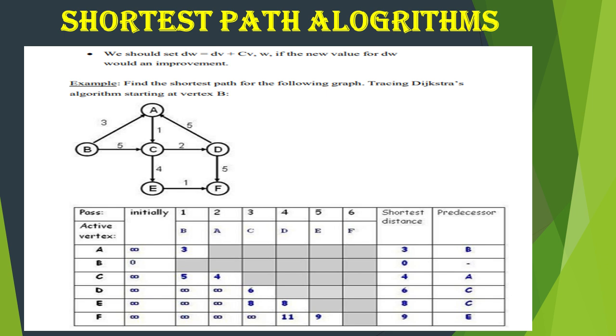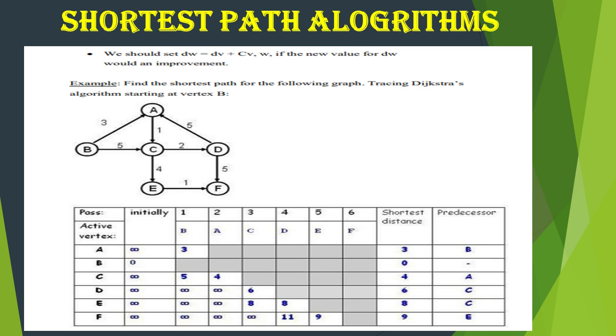In the first stage, B to A is 3, B to C is 5. For all other vertices D, E, F, it is considered as infinity. And B, the start vertex, is 0. Between A and C, 3 is the minimum value. So we are going to consider A as the next vertex.